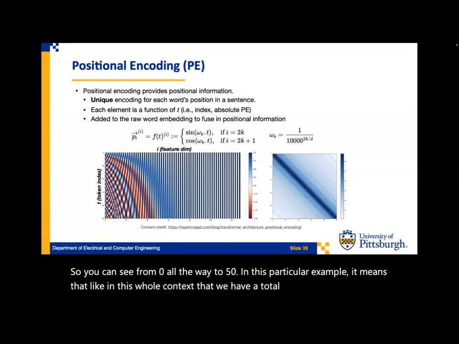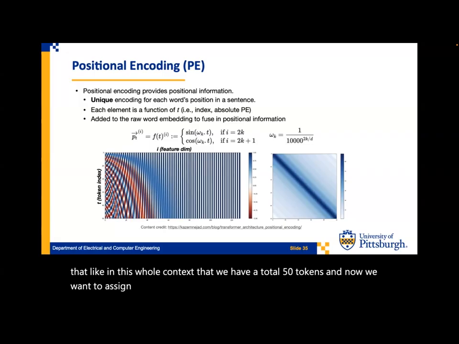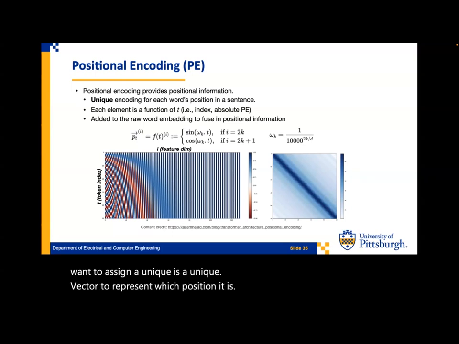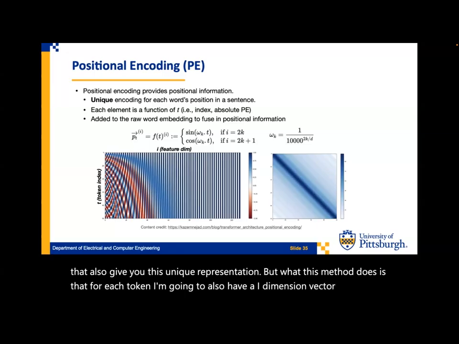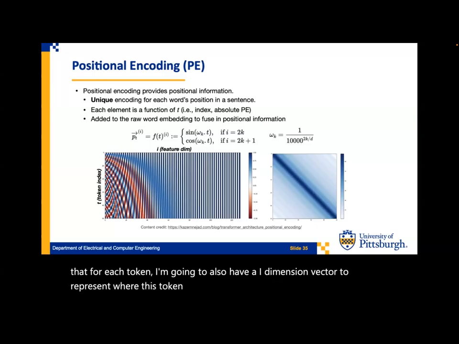And now we want to assign a unique vector to represent which position it is. Of course, we can also use one hot encoding because that also gives you a unique representation. But what this method does is that for each token, I'm going to also have a d-dimension vector to represent where this token is, the position.